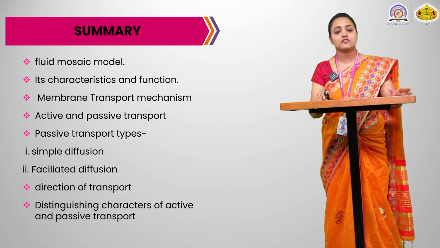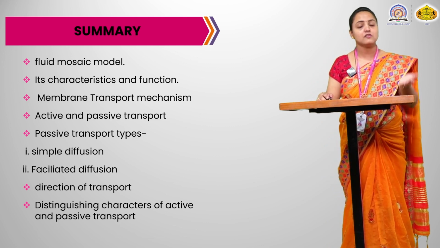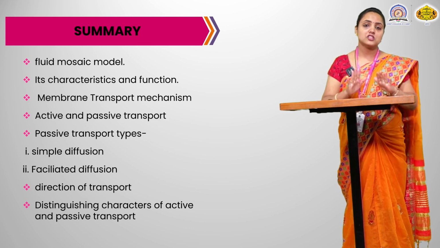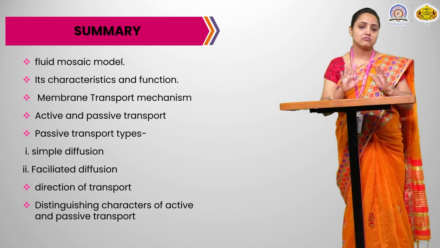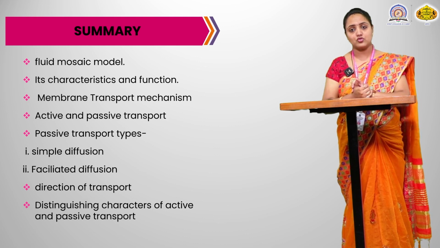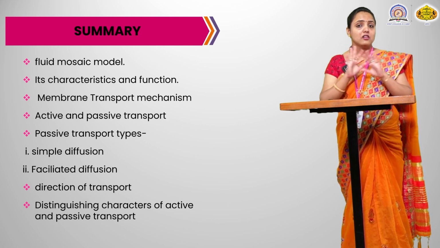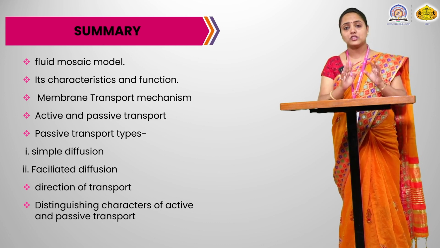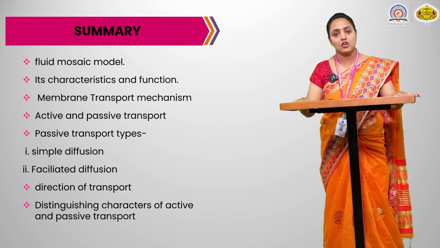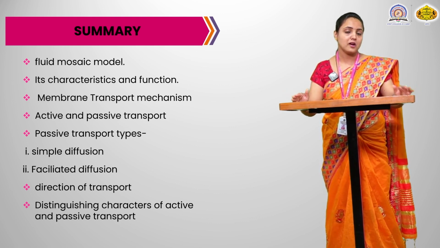We have seen the distinguishing characters of active and passive, and of simple and facilitated diffusion, and also the similarities between simple and facilitated diffusion. I think all of you now know about diffusion, the passive transport mechanism of the cell. I think I have cleared this topic for you.